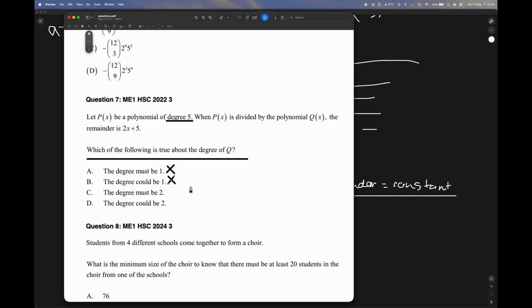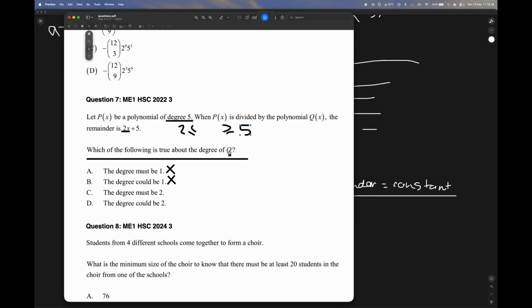Now, the degree must be 2. Okay, so for the degree here, the degree of this polynomial must be greater than or equal to 2 but also less than or equal to 5.